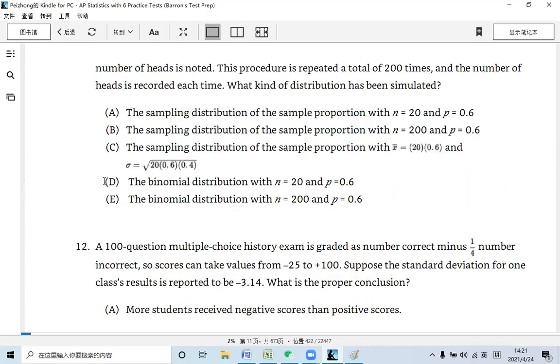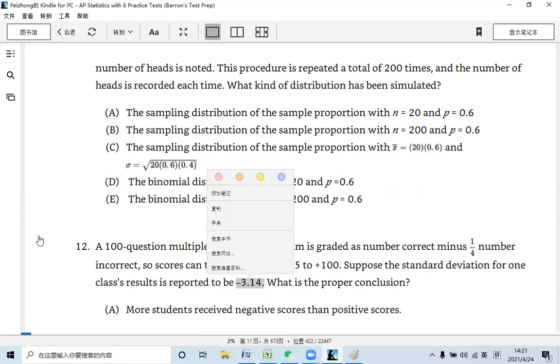Well, this one is really a tricky question. The standard deviation is negative 3.14. What kind of standard deviation is that? Standard deviation cannot be negative. Remember how we get the standard deviation? We first square the deviations, get the sum of square deviations.